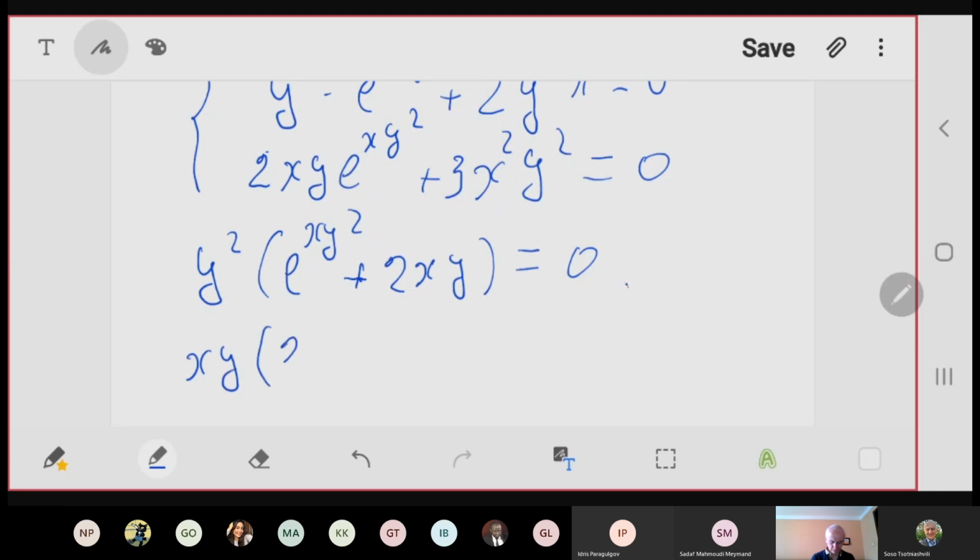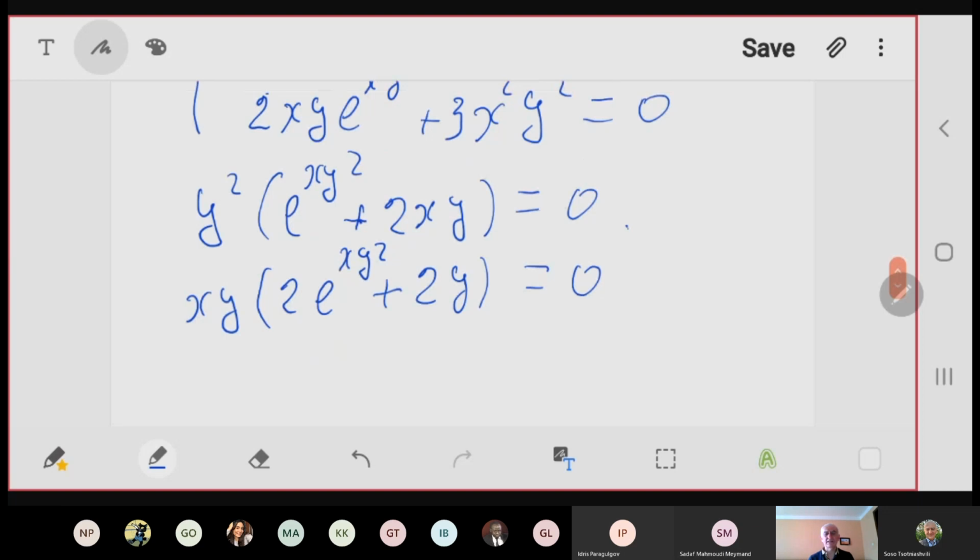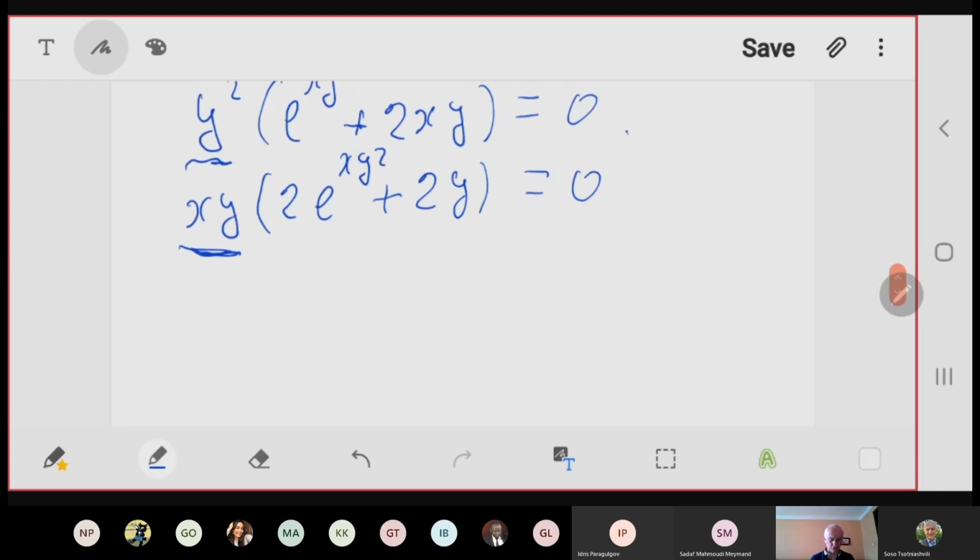And we have 2 times e to the power xy squared plus 2xy equals 0. Now we can see that when the product of 2 factors is equal to 0, it means that y squared equals 0, and here x is equal to 0.